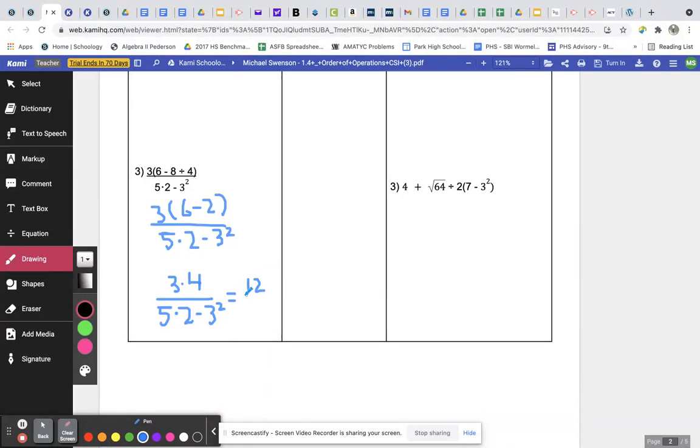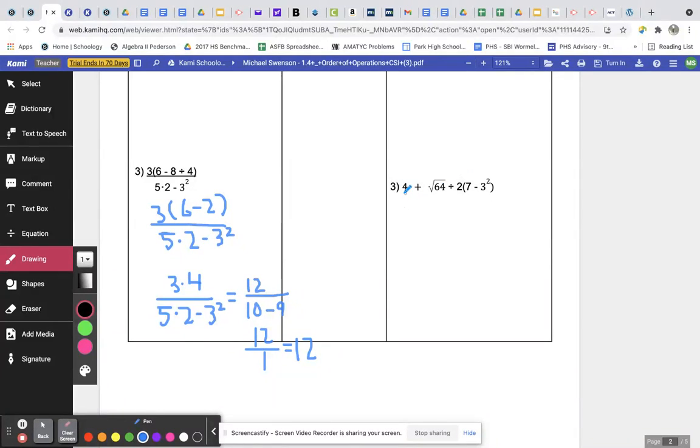That's done. 5 times 2 on the bottom is 10. 3 to the second is 9. And we've got 12 over 10 minus 9, which is 12 over 1, which is equal to 12. Write it out. You're done with that. Finish that off. Okay, the final one, you can always pause here and we'll be right back. Okay, when you push play.